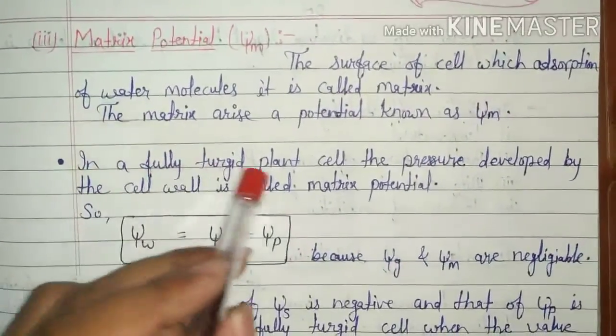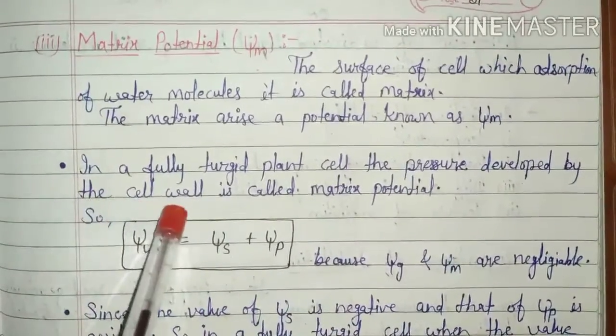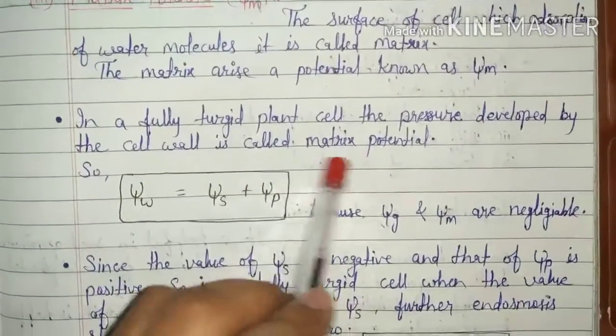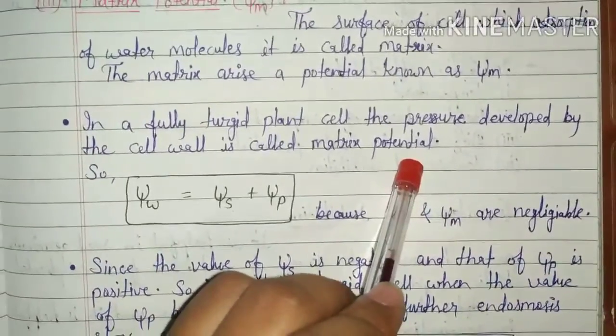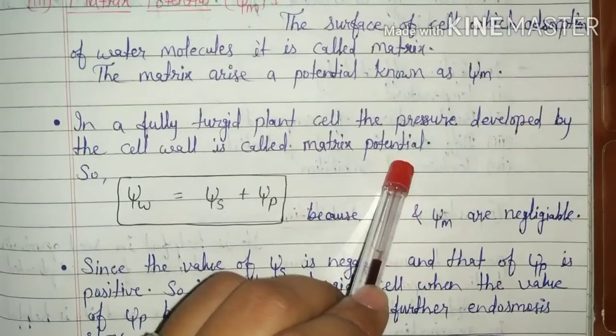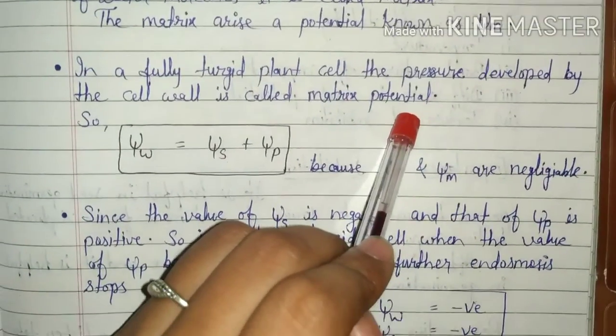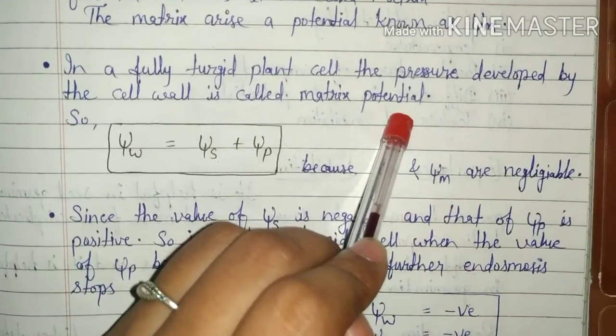In a fully turgid plant cell, the pressure developed by the cell wall is called matrix potential. Although in soil the matrix potential is important, it is negligible in a cellular osmotic system.